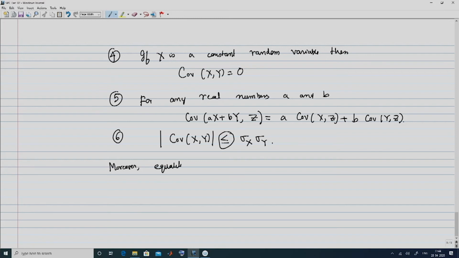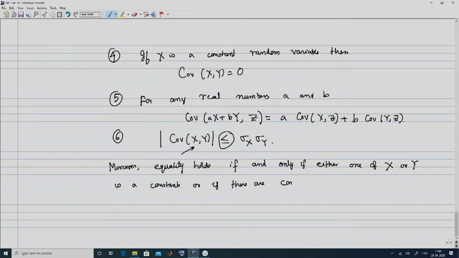Moreover, the equality in the above relation holds if and only if either one of X or Y, so one of the random variables, is a constant, or if there are constants a and b for which Y is equal to aX plus b.